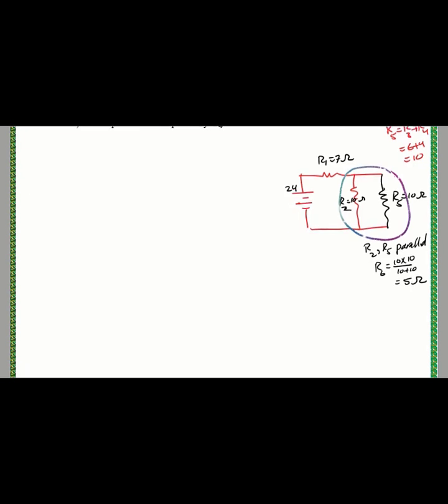So you can remove R5 and R2, and put instead of them 5 ohms. So here I have 7 ohms with the battery, which is 24 volts. And instead of R2 and R5, I will put R6, which is 5 ohms.